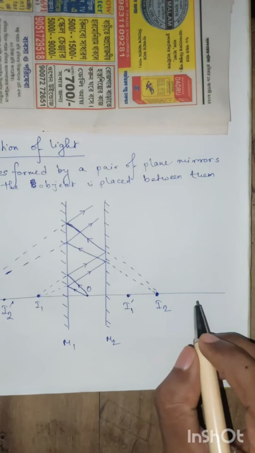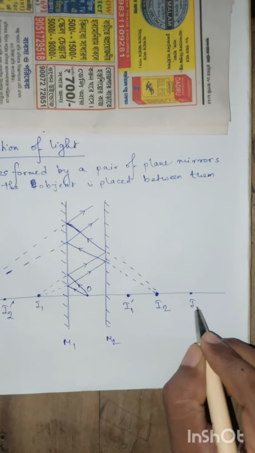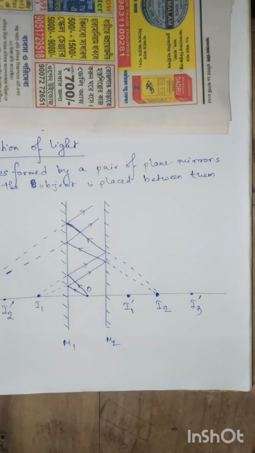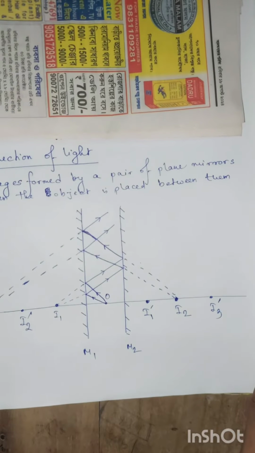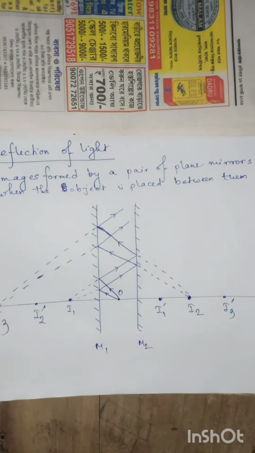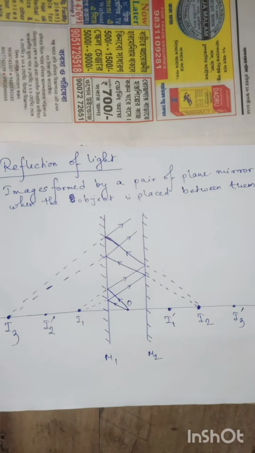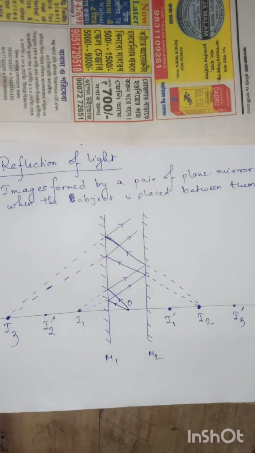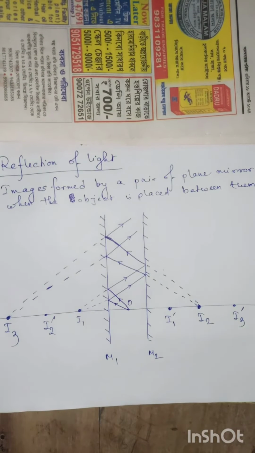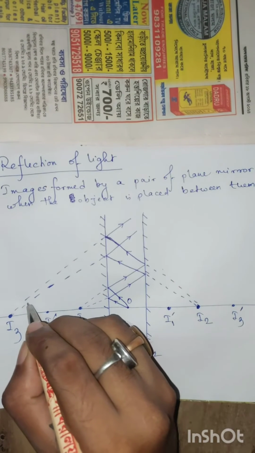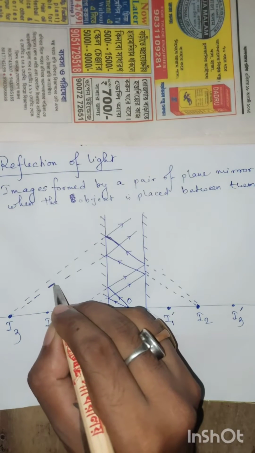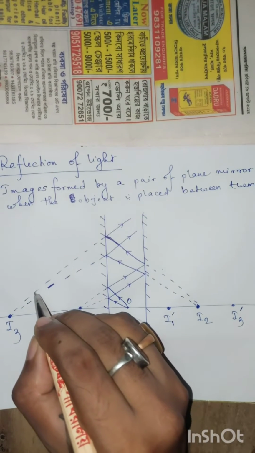So let me call it I3 dashed. This is how the process will continue, and in each step light rays will lose their energy.